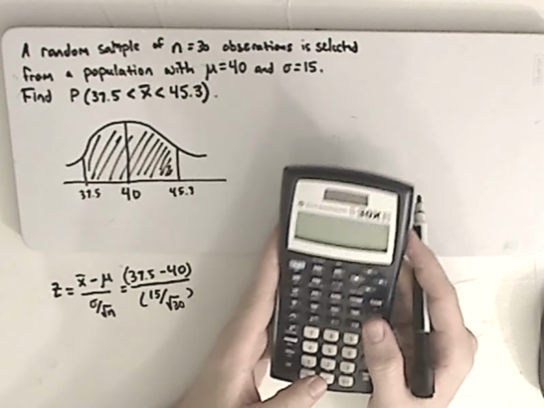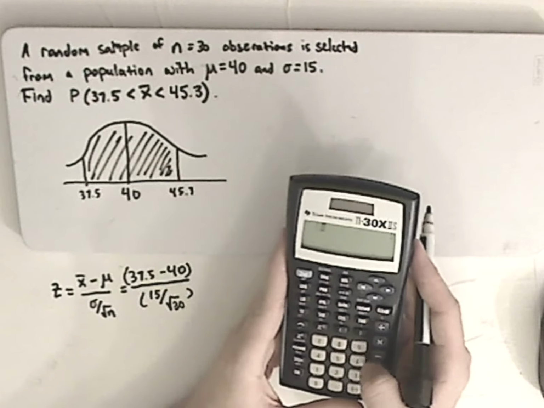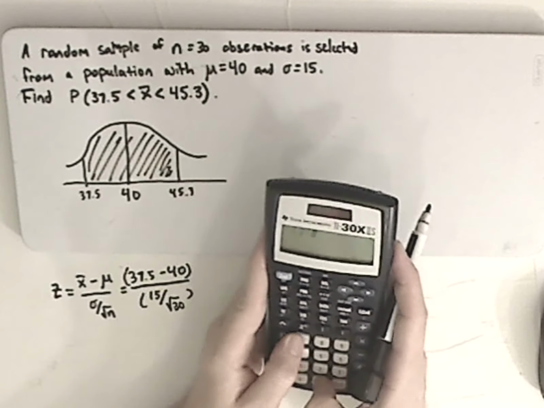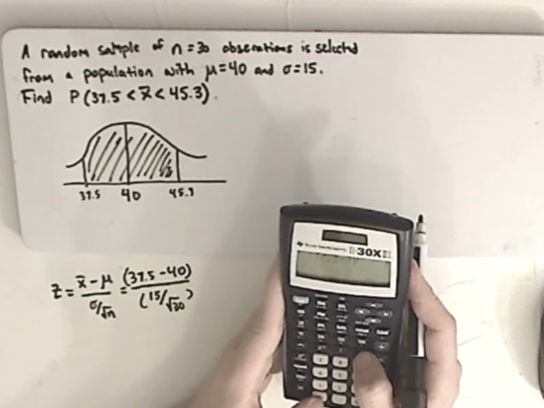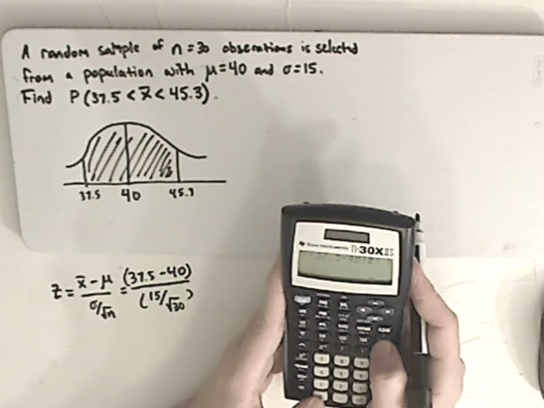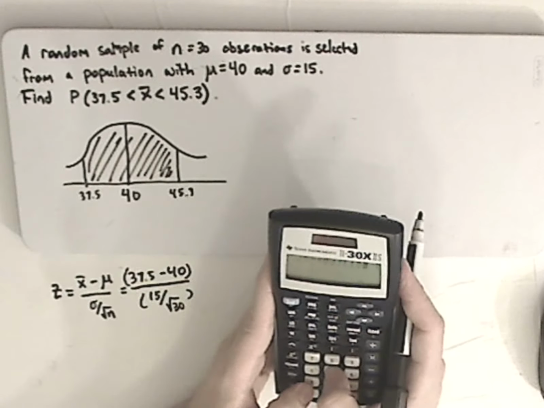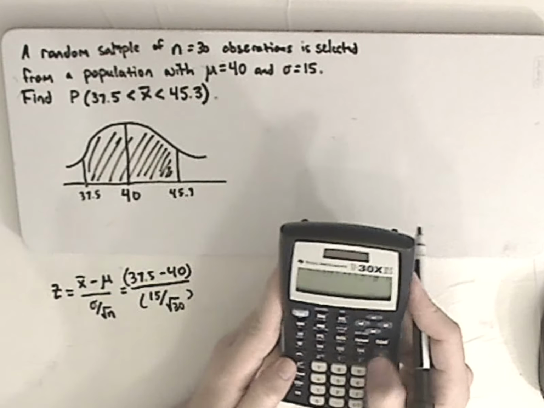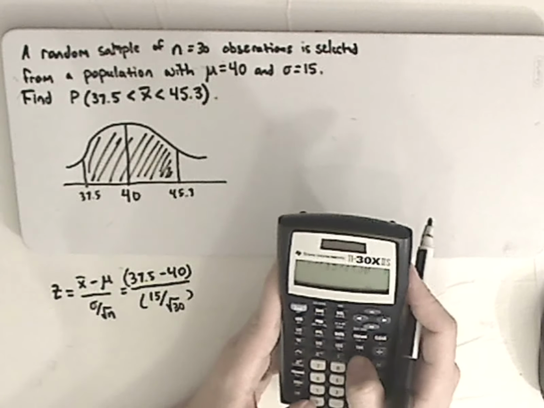So let me find that. That's parentheses 37.5 minus 40, close parentheses, divided by, open parentheses, now I'm in the denominator, the square root of 30.